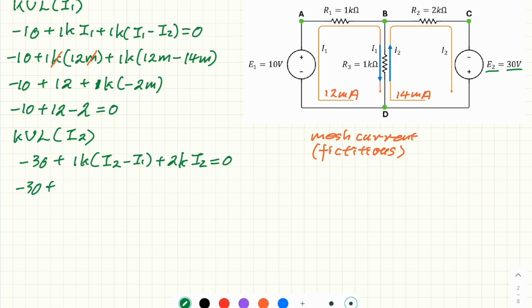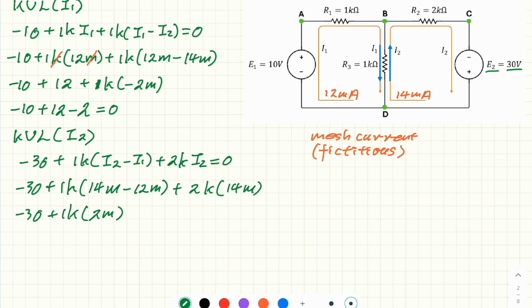Minus 30 plus 1k times (14m minus 12m) plus 2k times 14m, so minus 30 plus 1k times 2m plus 2k times 14m, minus 30 plus 2 plus 28 equals 0. So KVL for both mesh currents 1 and 2 are consistent.